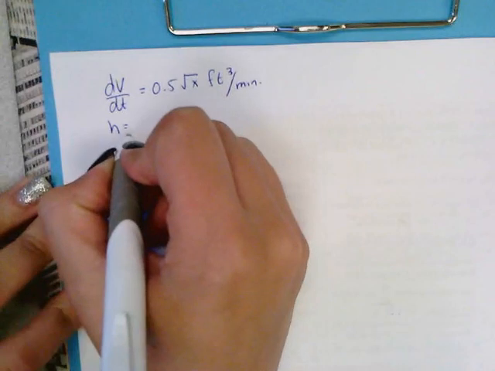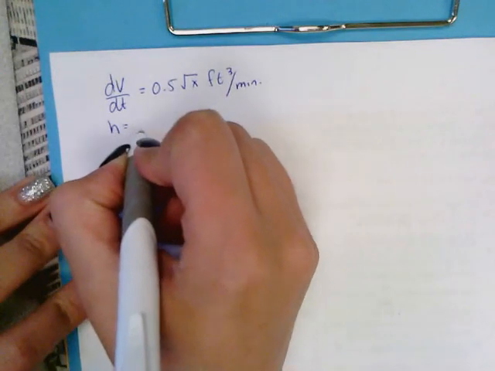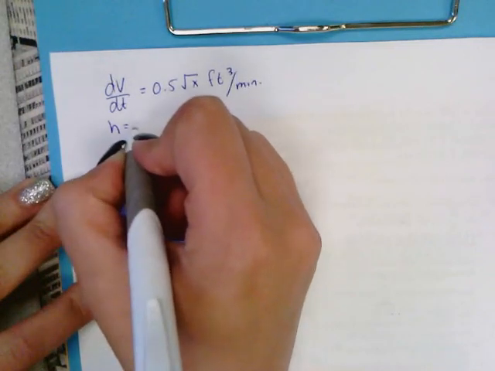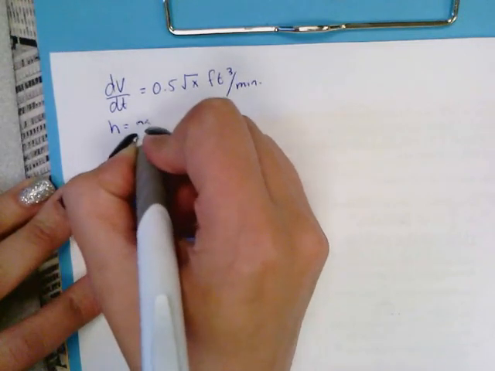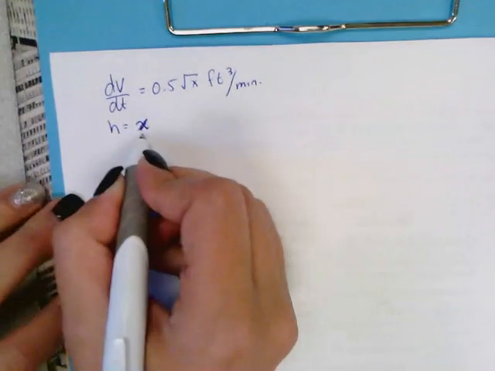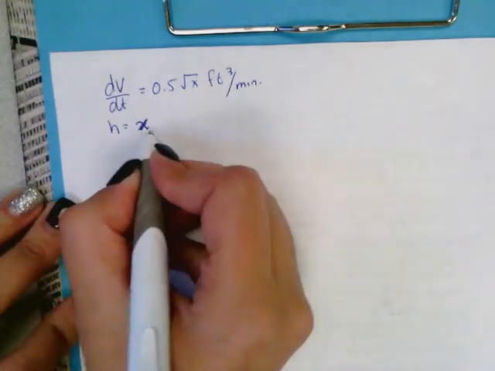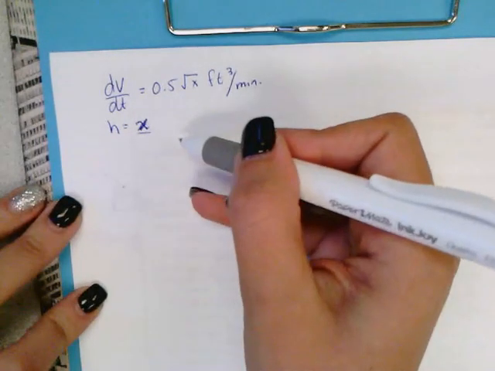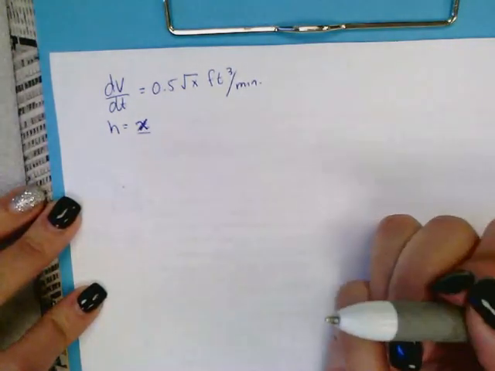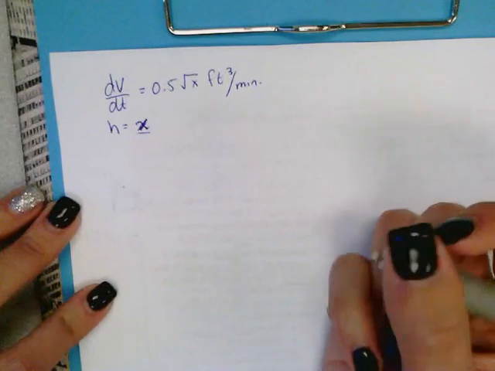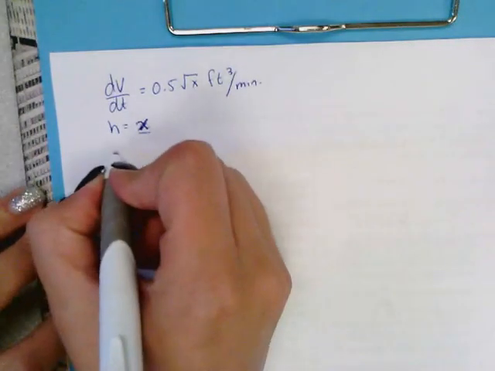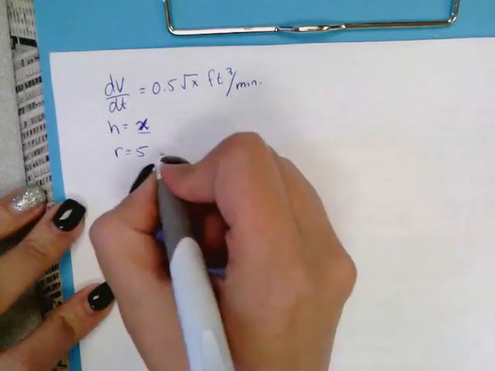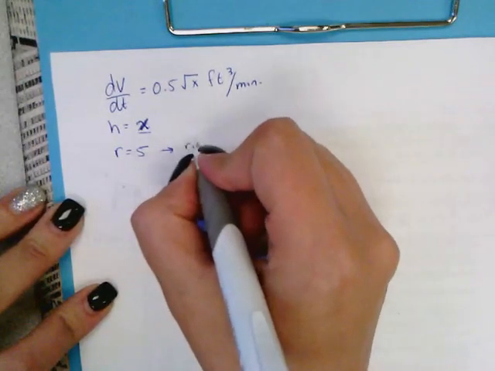They gave us the height of the tank, which is 16, but really the height of the water right now, that's what we're trying to solve. So our height is going to become our unknown, because we are figuring out how high the water is at different time intervals. Okay? And then they did tell us that R is 5, and R is constant.